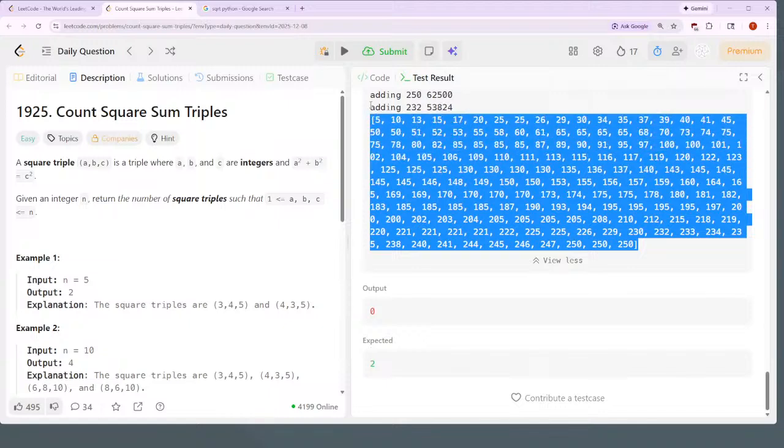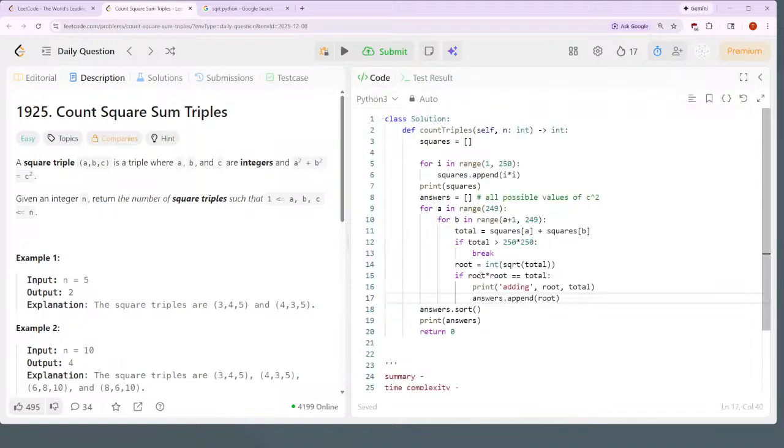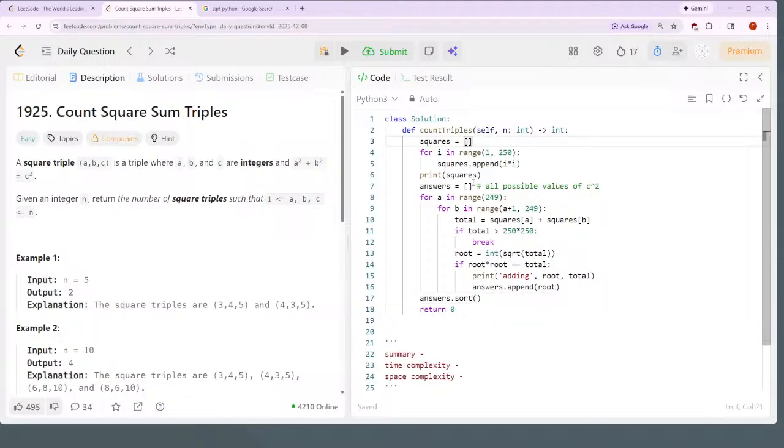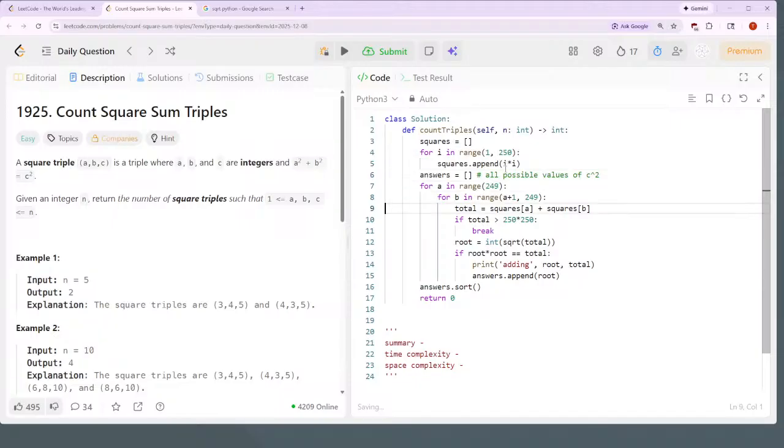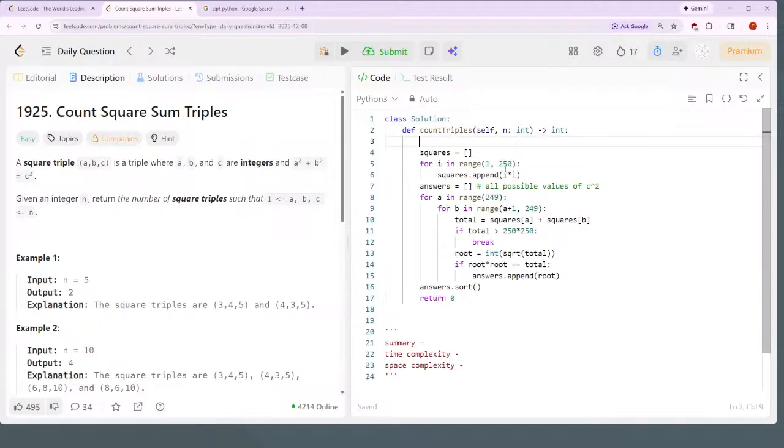Okay. So all this is kind of the work for... let's go ahead and remove the print. And I'll say this is the pre-compute work. Pre-compute work.